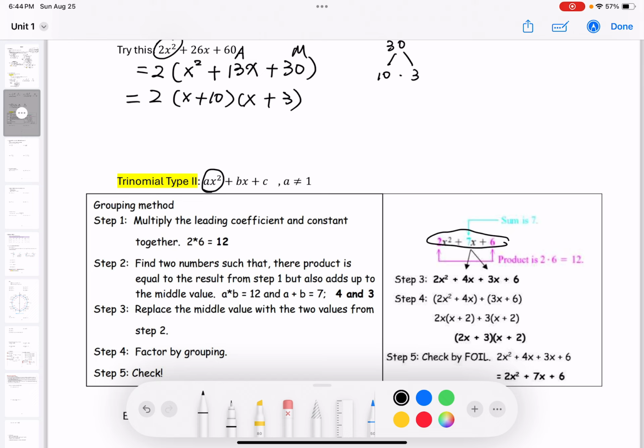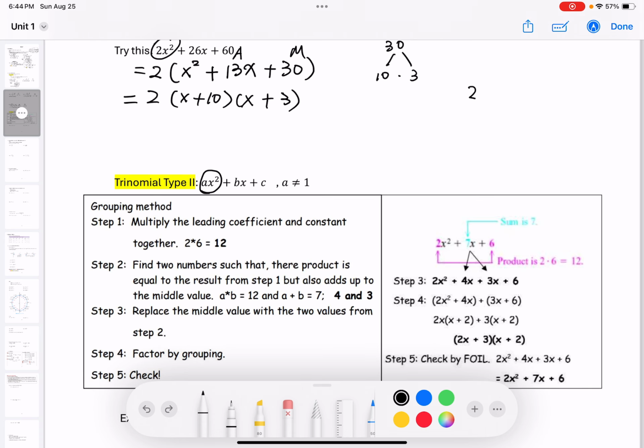This one. So we have 2x squared plus 7x plus 6. So the leading coefficient is 2. Then let's use the AC method. So in the AC method, we say ax squared plus bx plus c. So a is my 2, b is 7, c is 6.